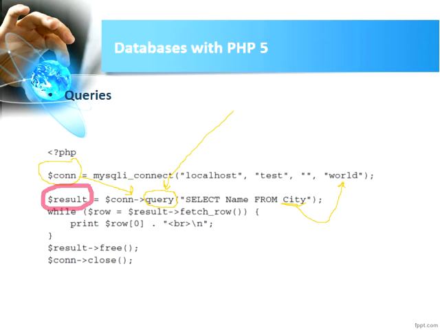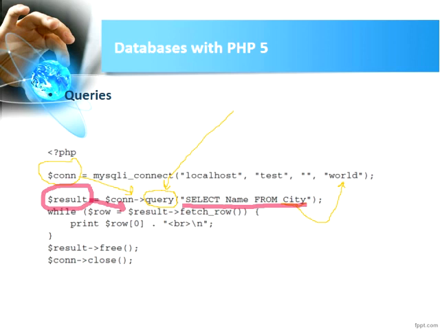So in the result, in this example, we will find all the names that exist in the city table. So if we want to process this result, we can use fetch row.